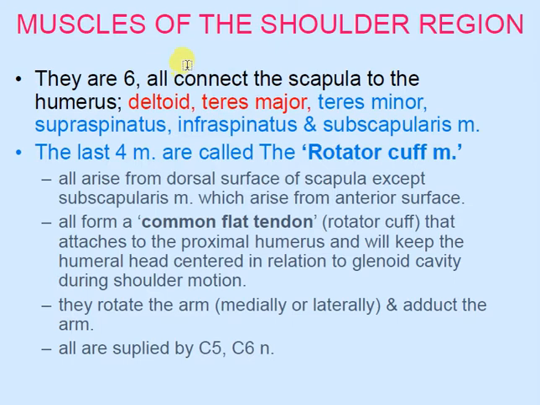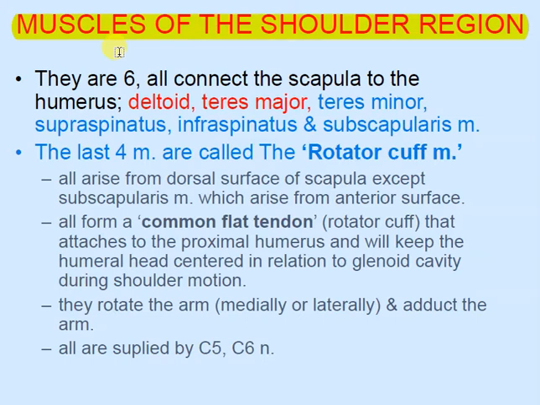So, muscles of the shoulder region. Now we are going to start discussing the muscles of the upper limb itself, and we are starting with the muscles of the shoulder region. As I told you in the osteology, the upper limb is divided into different sections or parts.